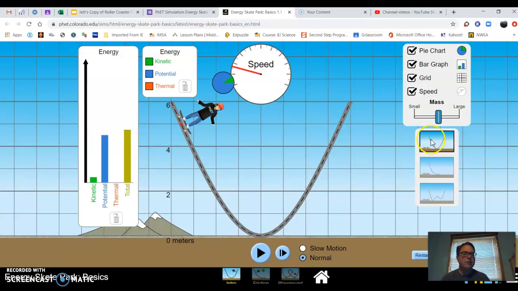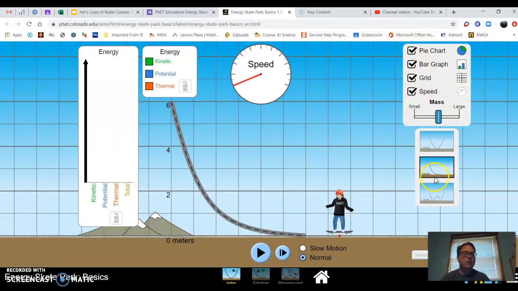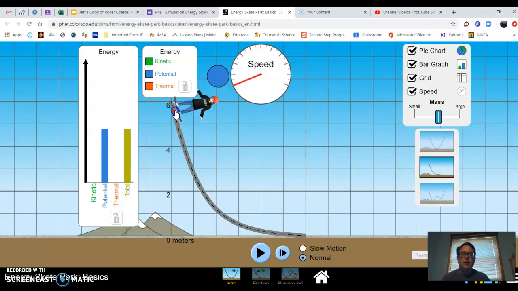So we're going to come back over here. Make sure you have all of these boxes selected still. Switch over to the L ramp. And let's see. Yep, looks like I've got a pause. Yep. And as we're looking here, what do you notice about the potential energy of your skater at the top?